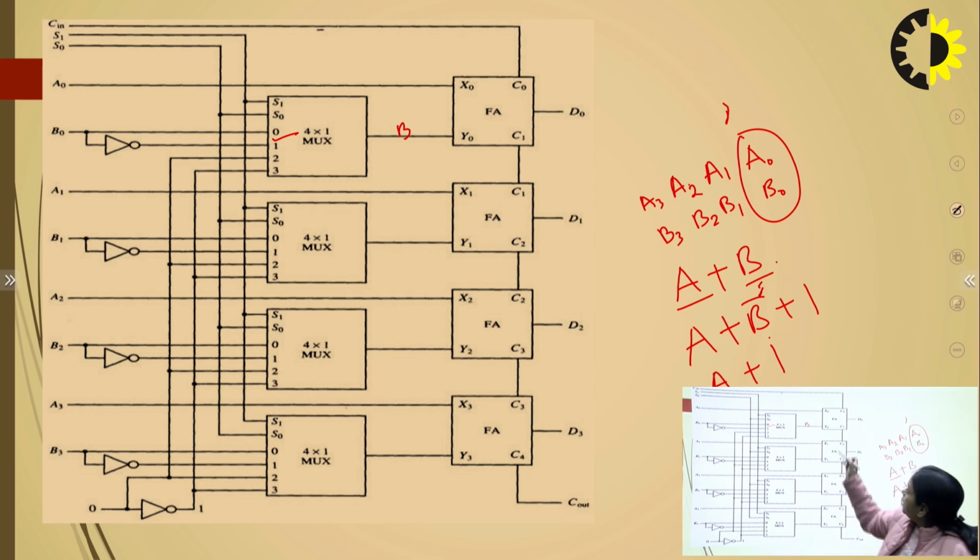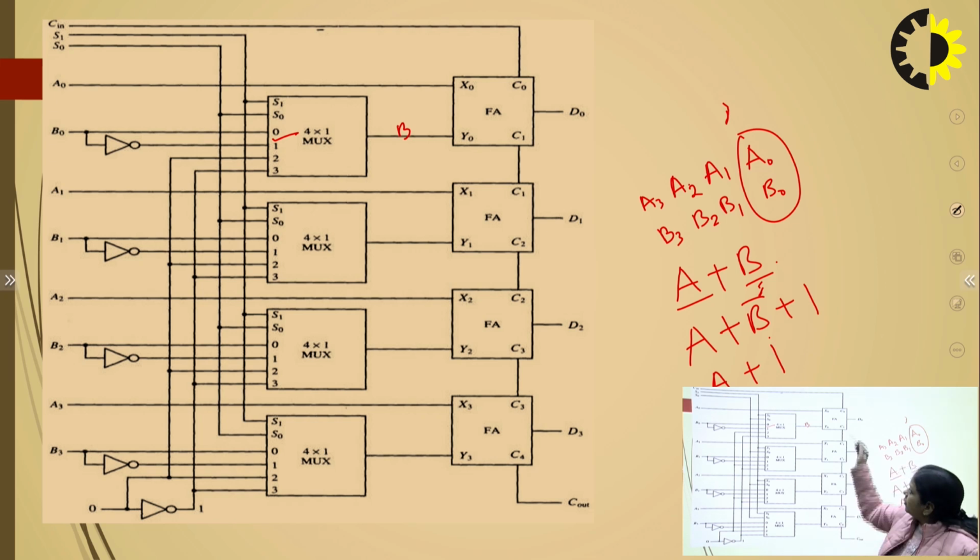And one more thing: because we have a full adder here, we have 3 inputs, because a full adder always has 3 inputs. One is the carry input and two are the other A and B inputs. If the carry value is 0, then we will perform A plus B. If the carry value is 1, then we will perform A plus B plus 1.